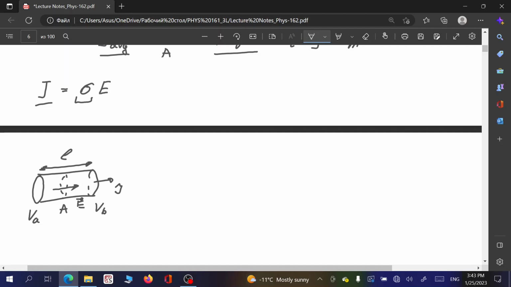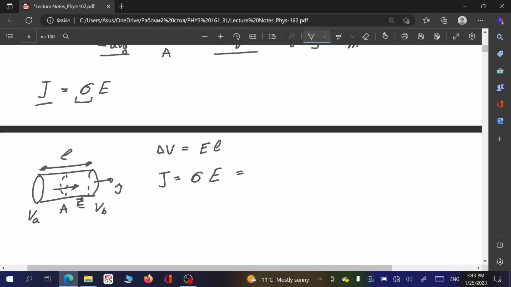So now what will be the potential difference, delta V? Since we have uniform electric field, we can just multiply E by L, the length of this segment of the conductor. We know from Ohm's law in differential form that J, the current density, will be specific electrical conductivity sigma times the magnitude of the electric field.